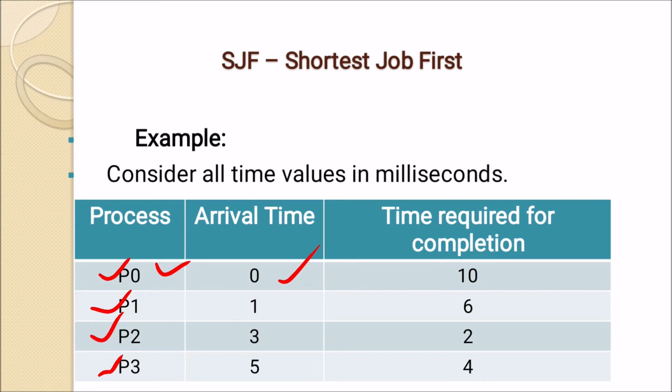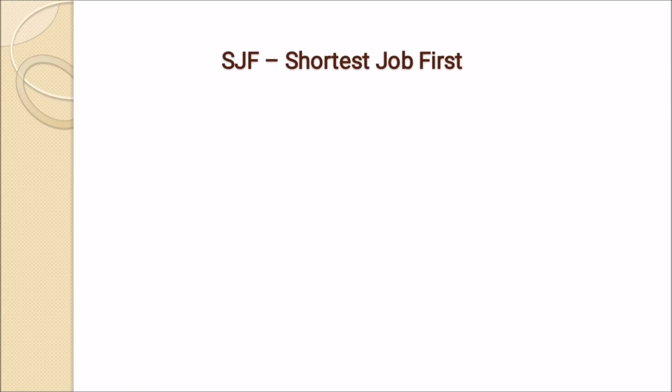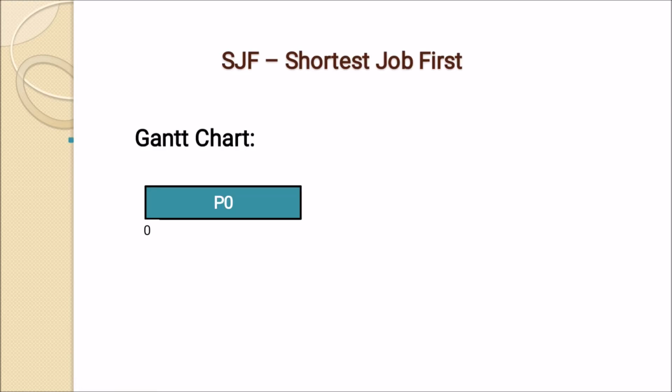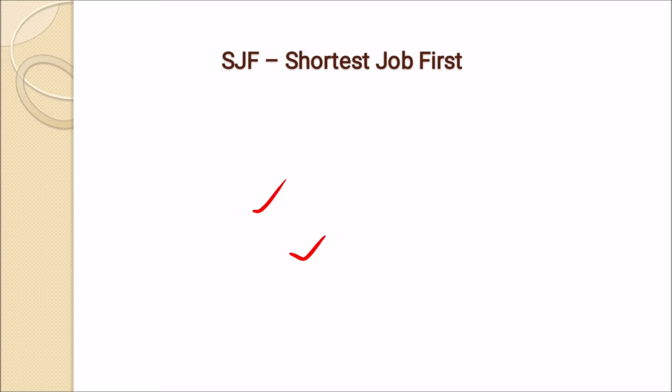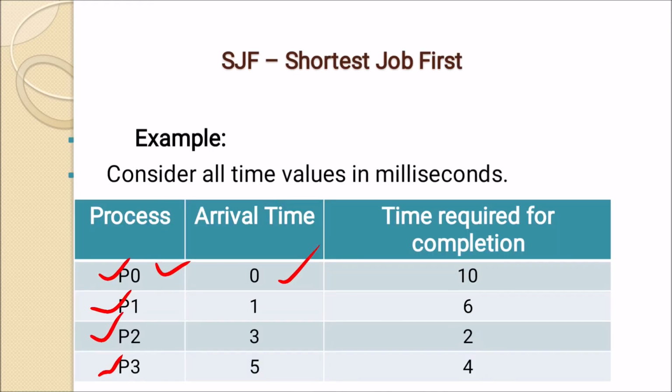So first we give the CPU to process P0, and P0 is assigned the CPU for 10 milliseconds, from 0 to 10. So time has passed up to 10 milliseconds. Now all the other processes have arrived: P1, P2 and P3 are there between 0 and 10 milliseconds.